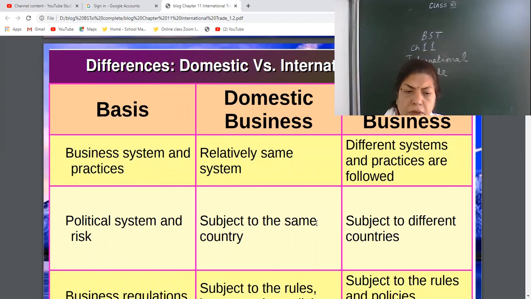Political system: domestic business follows the same political system because we have a centralized system. In international business, different countries have different political systems. Now the next point is risk. In domestic business, the risk factor is very less, but in international business, the risk factor is very high.